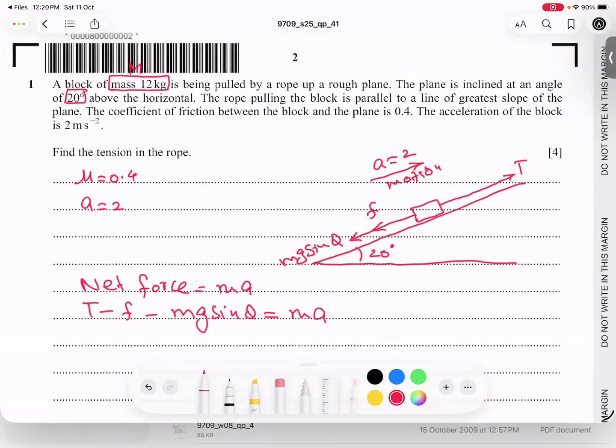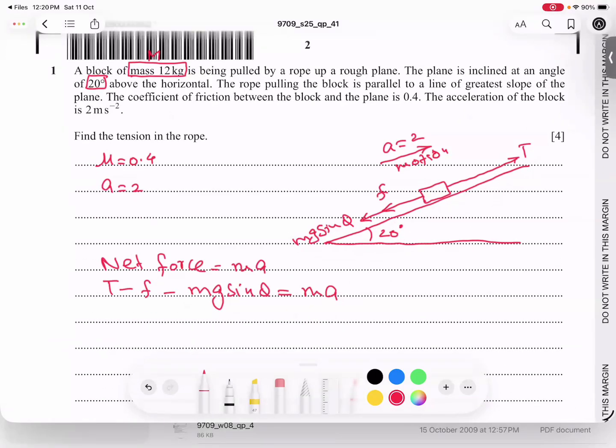Plug in all values. Tension is unknown. Friction we need to find. F is equal to mu R. Now what is R? You know it very well. First of all, what is the mass? 12 kilograms into 10 becomes 120 newtons.